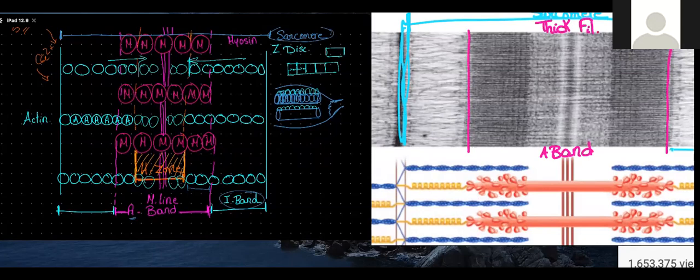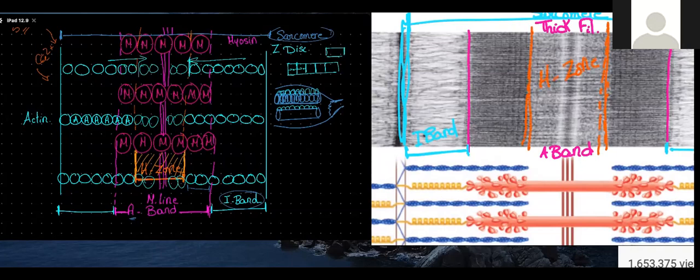And I have the light colored part, the light band. This is called my I band. And remember, in the middle of the A band, you've got a zone where you're going to have only thick filaments, not alternating with thin filaments. So this is what we've called the H zone.